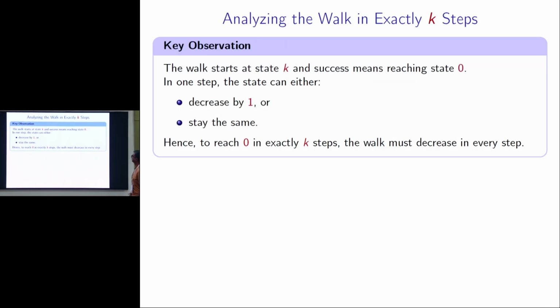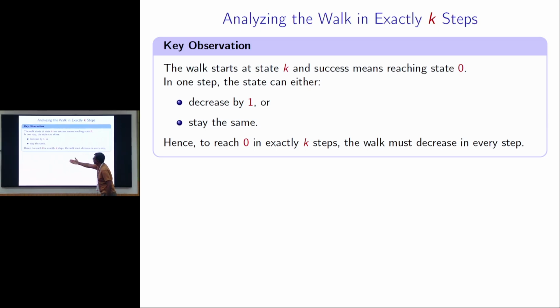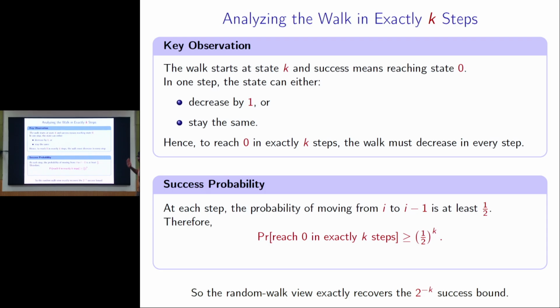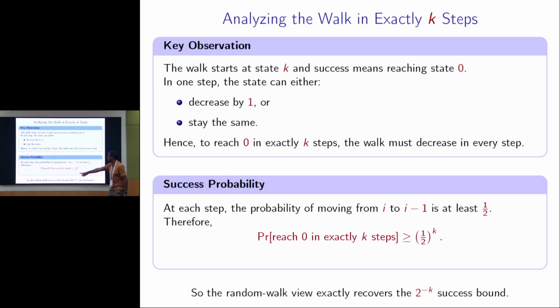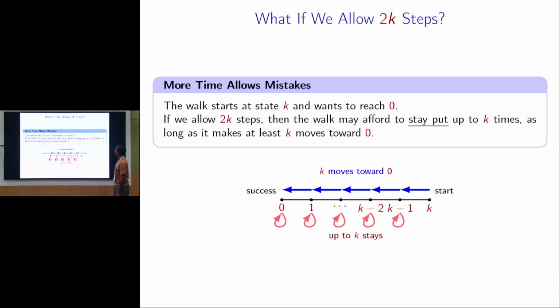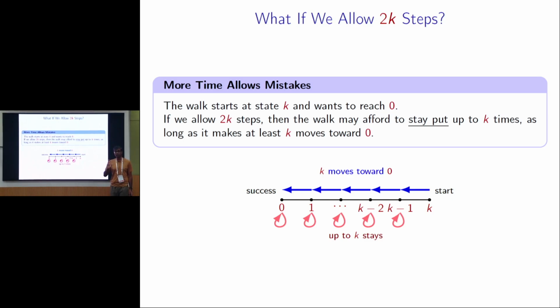And now I want to understand, to reach 0 in exactly k steps, the walk must decrease in every step. And this is what we got, half to the power k. So we have got our classical vertex cover algorithm in this random walk way. Okay? Let's run this for 2k steps now. Now I'm running this algorithm for 2k steps.